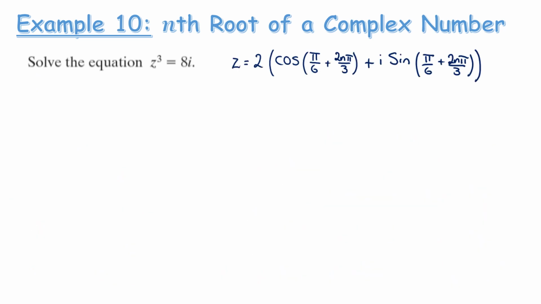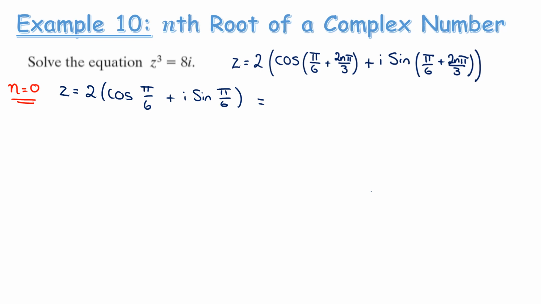So now that I have the general solution, I'm going to get my 3 answers by subbing in the first instance, n equals 0. So that will give me the answer that z is equal to 2 cos pi over 6 plus i sine pi over 6. But in this case, unless specified otherwise, we are going to convert back into rectangular form, so a plus bi.